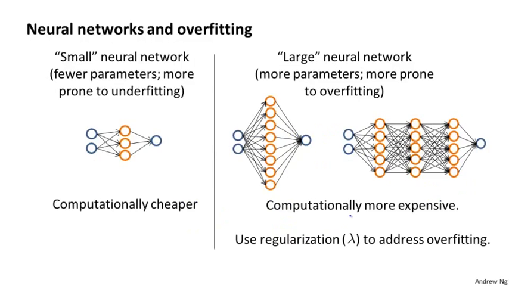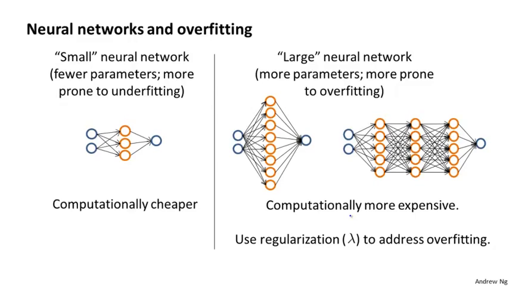Finally, let's take everything we've learned and relate it back to neural networks. Here I just want to give some practical advice for how I usually choose the architecture or the connectivity pattern of the neural networks I use.